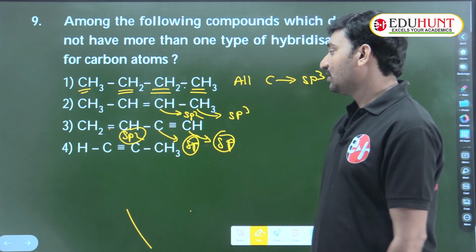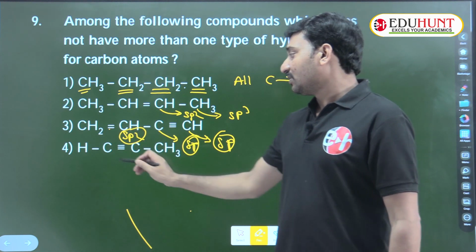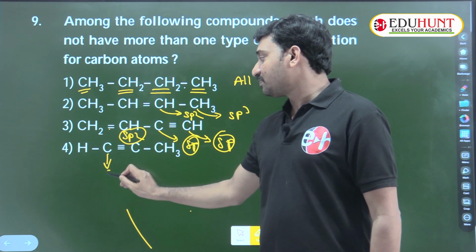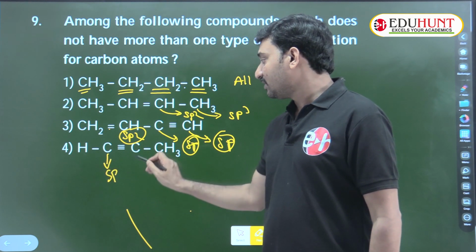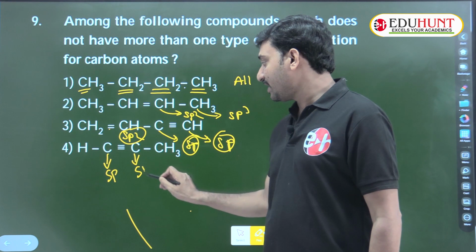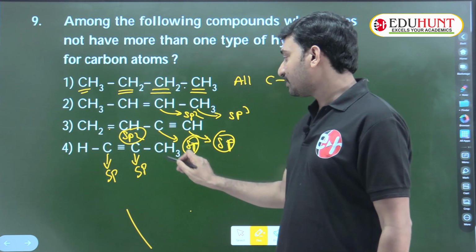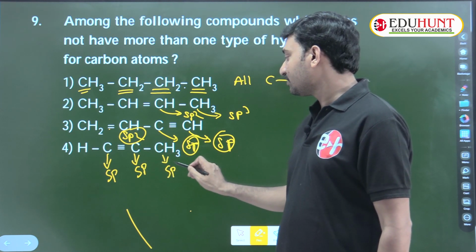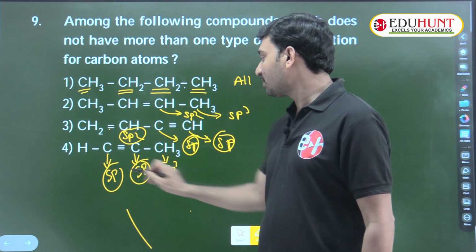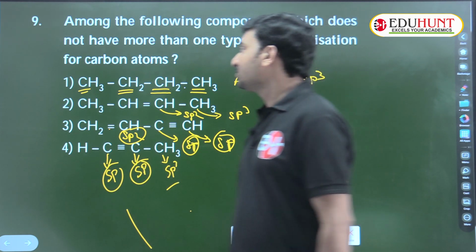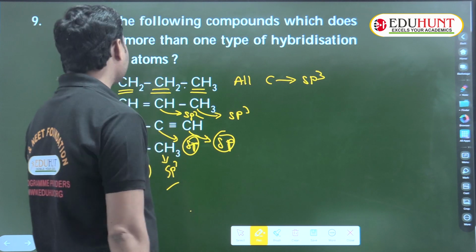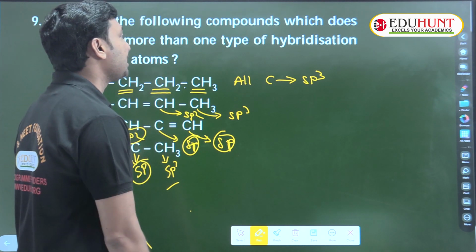Fourth one, this carbon is sp hybridized, this carbon also sp, and this carbon sp3. This one also has 2 different hybridized carbon atoms. What is the question? Among the following compounds, which does not have more than one type of hybridization.